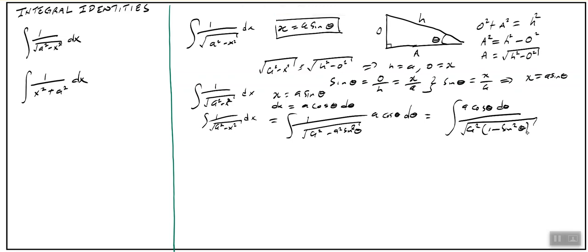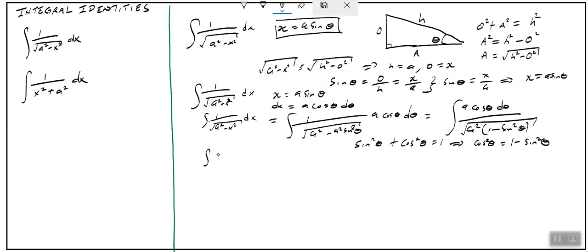Now, if you're familiar with your trig identities, which I will cover in some video to come, you will remember that sine squared of any angle plus cosine squared of the same angle is 1. So we want it to look like this. We can just take sine squared theta to the right hand side. So we have cosine squared theta. So it implies that cosine squared theta is the same thing as 1 minus sine squared theta.